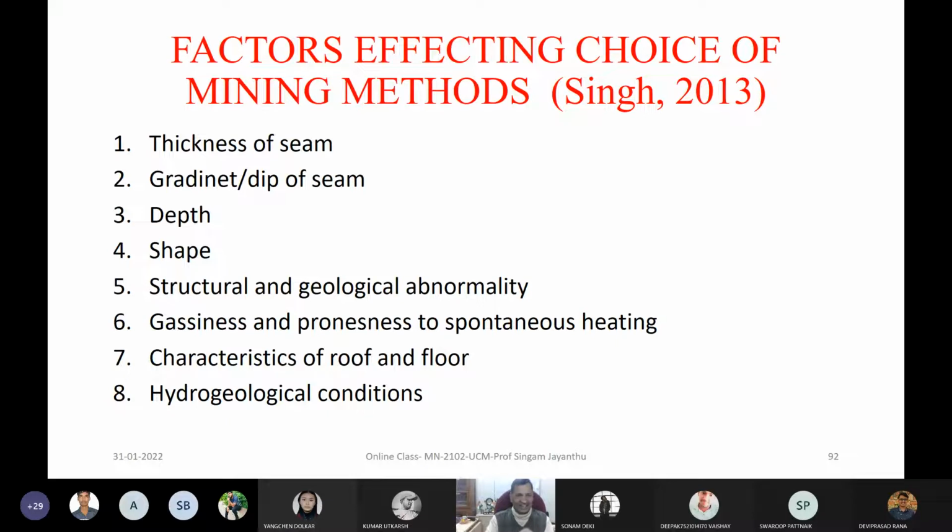Now we continue further with when we want to select any method choice, which choice and how these parameters are affecting the choice of the method. We should know a little bit about it. So in that way, even some important points also you can note down.